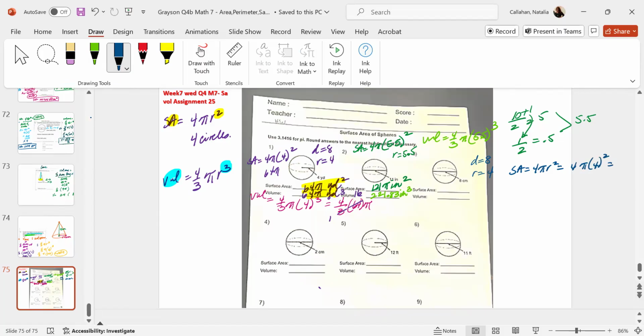Do you see how the diameter is right? This is the same as number 1, so your answer is going to be exactly the same: 64 pi centimeters squared, 64 pi centimeters cubed. Does that make sense? All right, you can go ahead and work on those three and then start number 4.